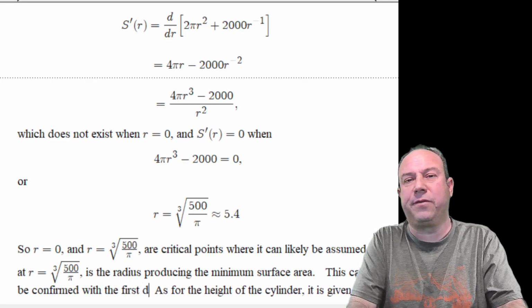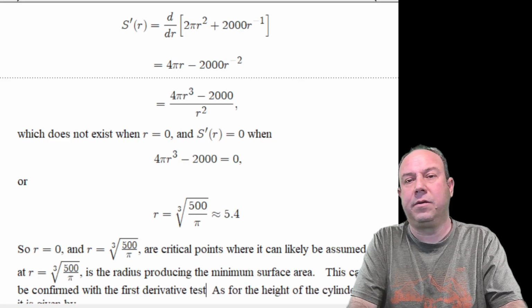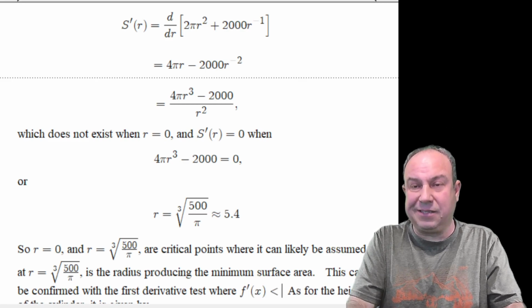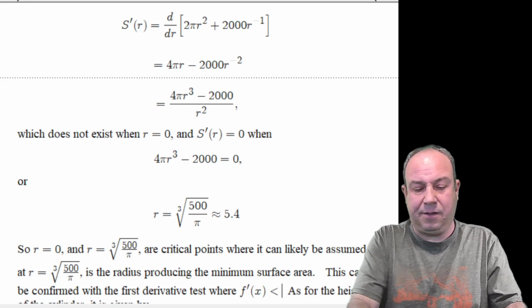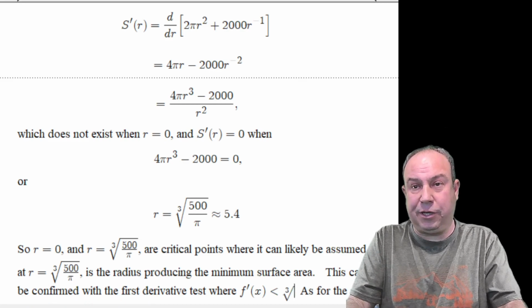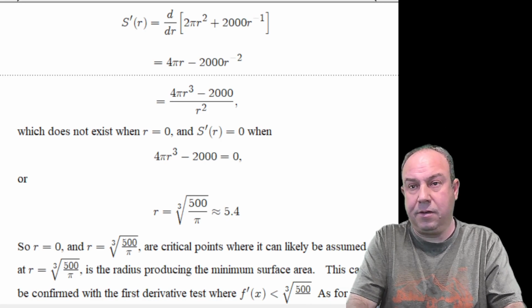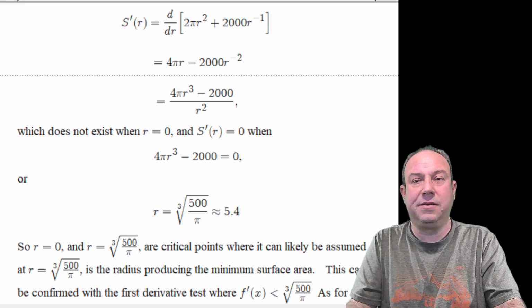We just did it with the first derivative test, where f prime of x is less than that cube root of the radical given by this.